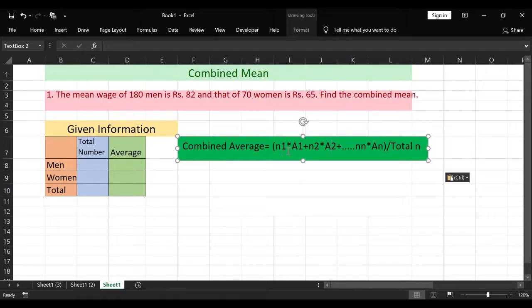We multiply these two things, add the different groups' information, and divide by total n, the total observations. So that is our formula for combined mean.